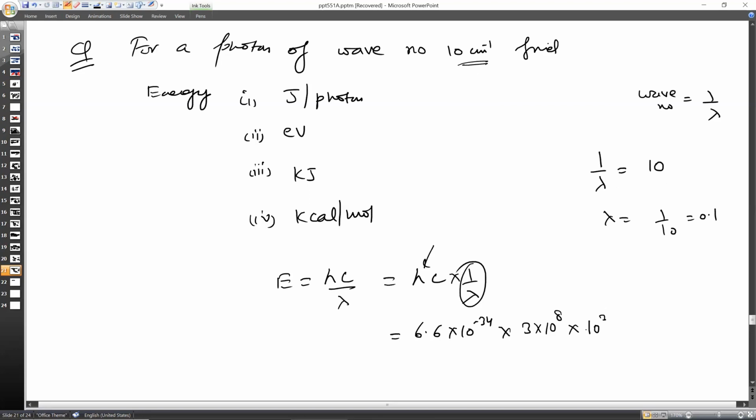Calculate this one and get the value. Note it down that wave number 10 centimeter inverse is equal to 10 to the power 3 meter inverse.